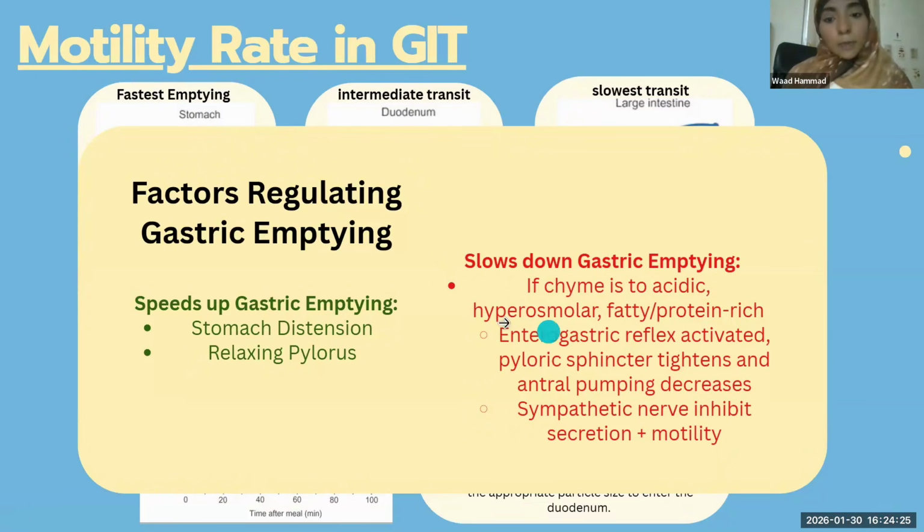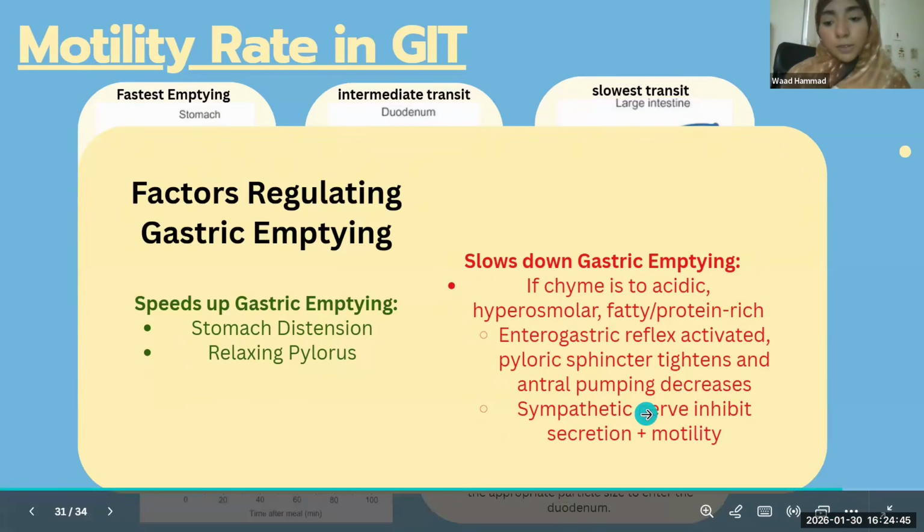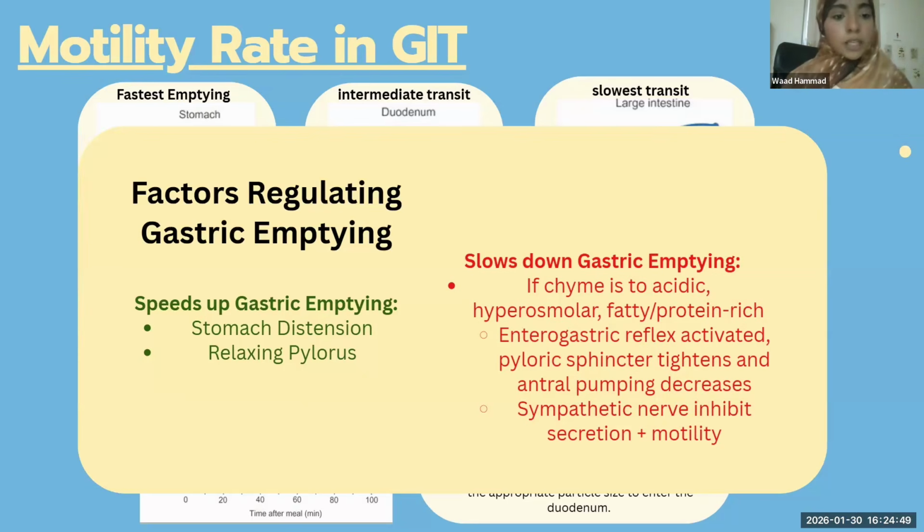So this happens through the enterogastric reflex, which is activated so that the pyloric sphincter is tightened and antral pumping decreases. So the pyloric sphincter tightens and there's less gastric emptying, so no solid food can pass the pylorus. And then also the sympathetic nerves inhibit secretion and inhibit motility.